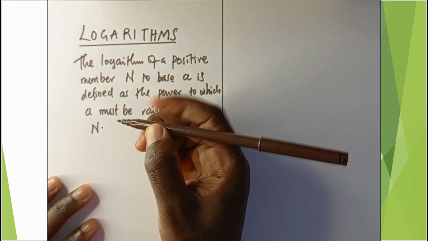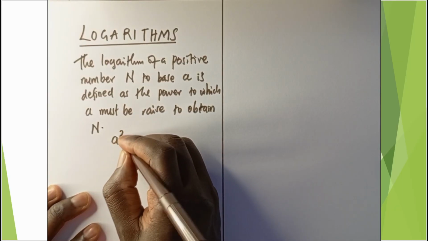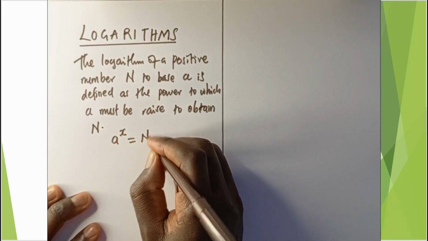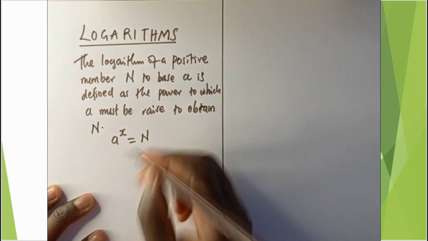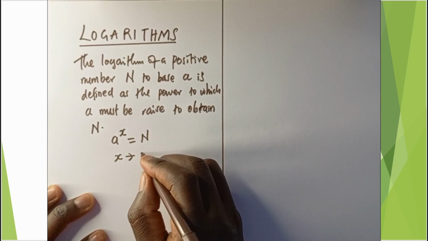For example, if we write a to power x equal to n, this means that x is known as the power.